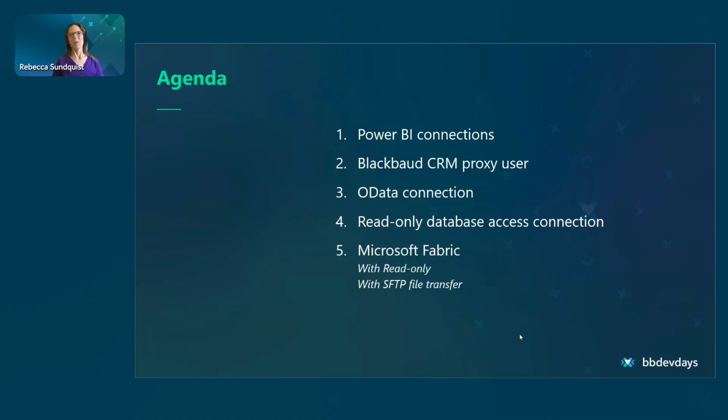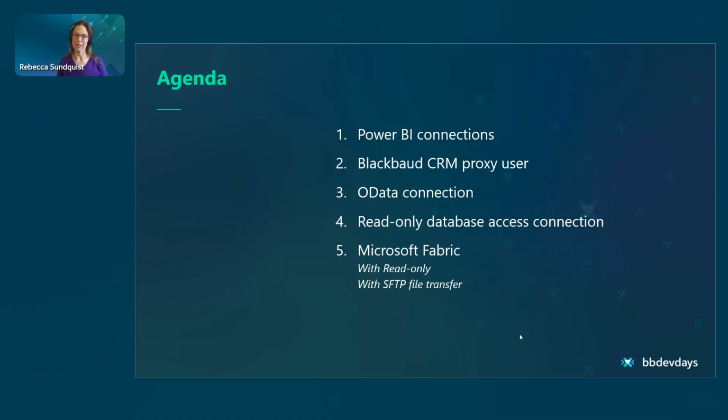So we will talk about Power BI and the connectors that are available inside of Power BI. We will address Blackbaud CRM's proxy user and where that's useful. It's particularly useful for the OData connection. And then we'll talk about read-only database access, which is an additional feature that's available for our cloud operations hosted environments.